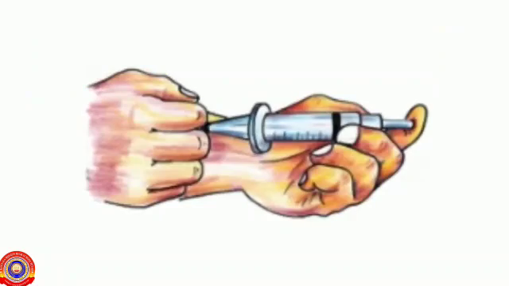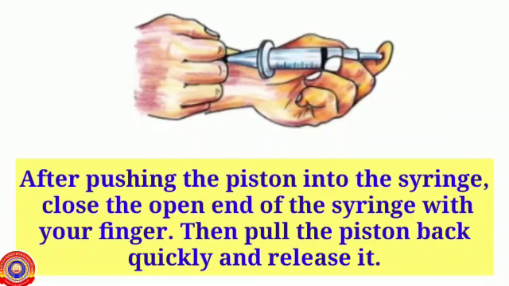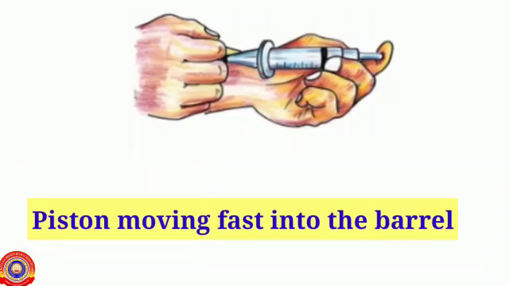Now let's try some other experiment using this syringe. After pushing the piston into the syringe, close the open end of the syringe with your finger. Then pull the piston back quickly and release it. Don't you see the piston moving fast into the barrel? What may be the reason?